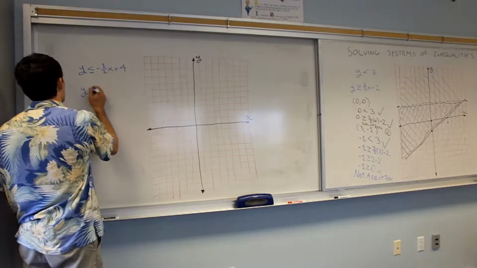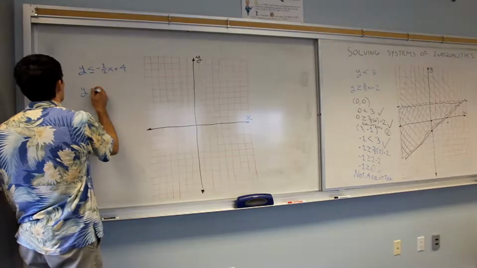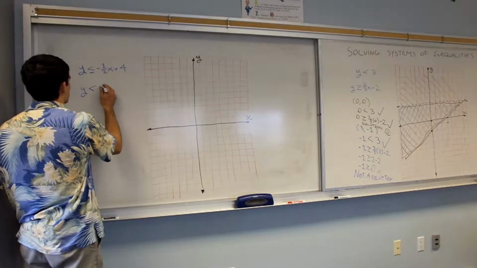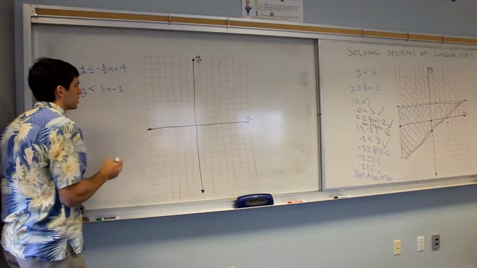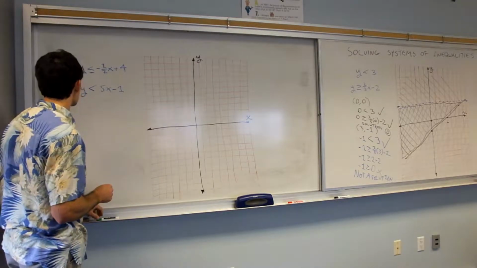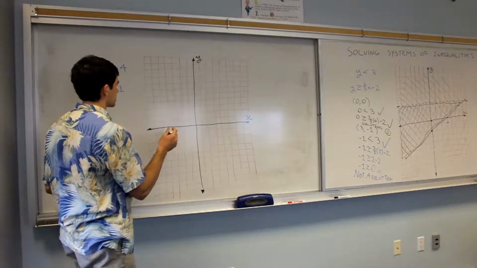Let's do y is less than, let's see, 5x minus 1. So let's do our first equation first. So we get y is less than or equal to -1/2 x plus 4.